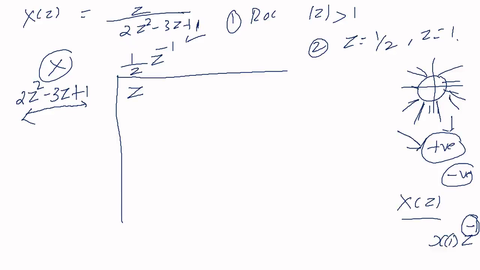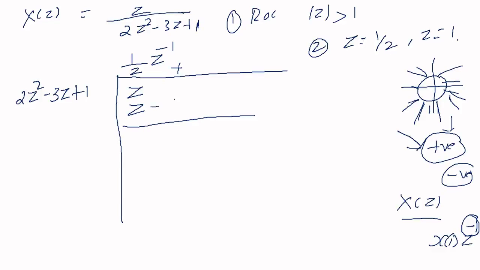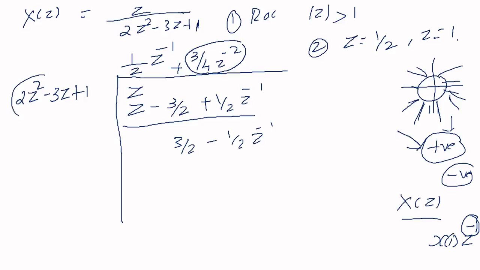So let me rub this. z minus 3 by 2 plus half into z power minus 1. Okay, what is the next one? 3 by 4 z power minus 2, because then only, if I multiply, this will vanish, right?